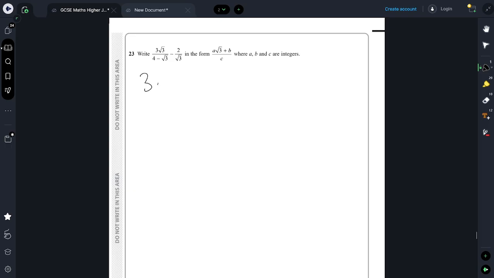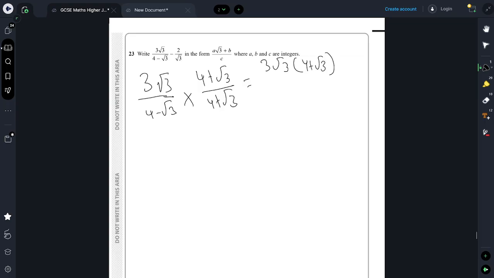So 3 root 3 over 4 minus root 3. You're going to need to rationalise this. So the way to do this is to say 4 plus root 3 over 4 plus root 3. And then look what happens. 3 root 3 times 4 plus root 3 over 4 minus root 3 times 4 plus root 3.